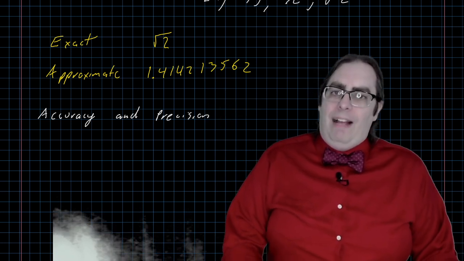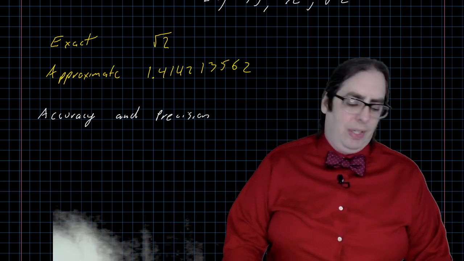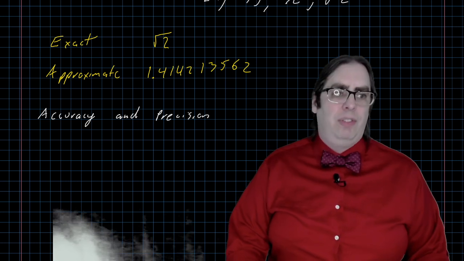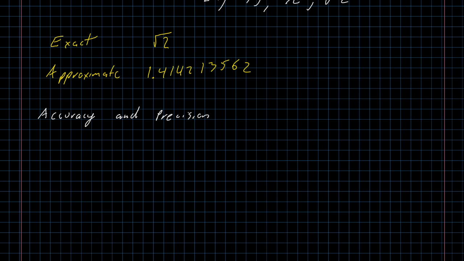So we need to have a means of addressing that. And the means of addressing that are called the accuracy and precision rules. Right. Accuracy and precision are sometimes also referred to as the significant digits rules.